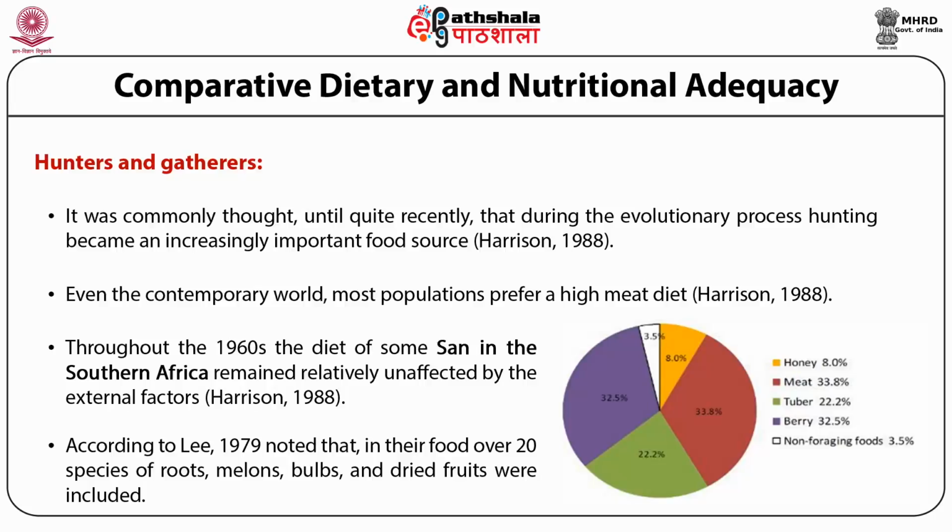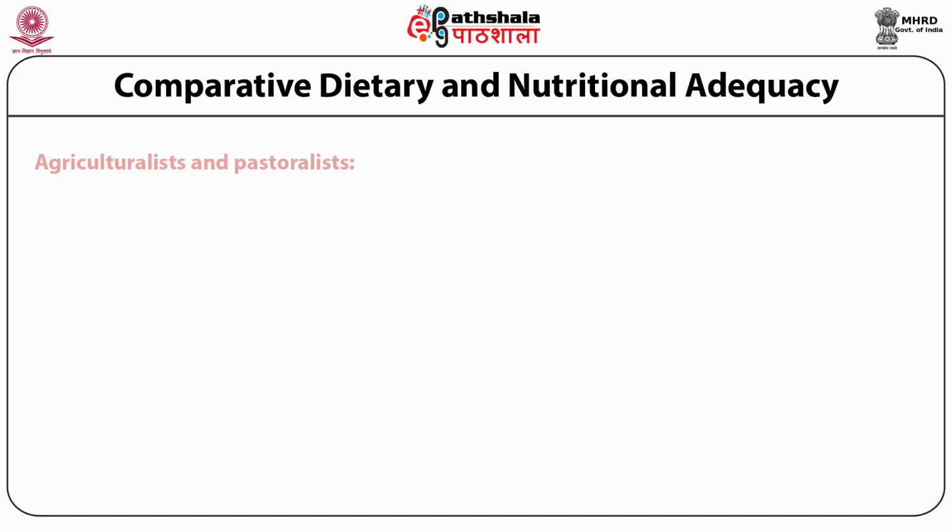A similar diversity of food has been reported for most of the hunters and gatherers. It appears that the diets of hunters and gatherers must have been nutritionally balanced, and the common deficiencies found in more recent populations were absent or quite rare in the hunters and gatherers. Now let's see agriculturists and pastoralists.